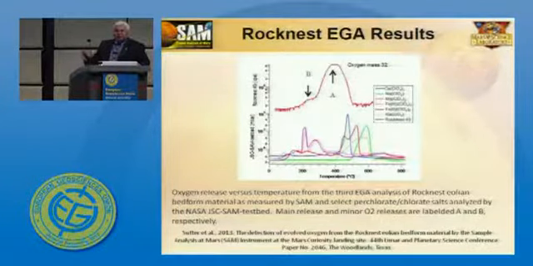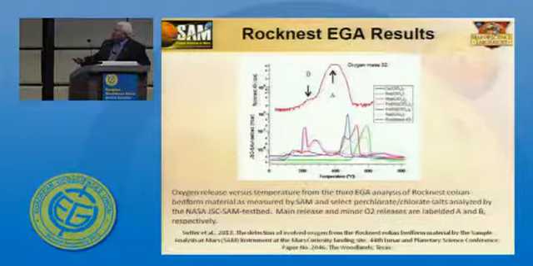We have done experiments with the NASA GSFC SAM testbed that operates at about the same pressure, and also at UNAM in Mexico, but the ones in Mexico are done at atmospheric pressure. We have basically the same results, except that in Mexico there's a shift of about 100 degrees due to the operation at atmospheric pressure.